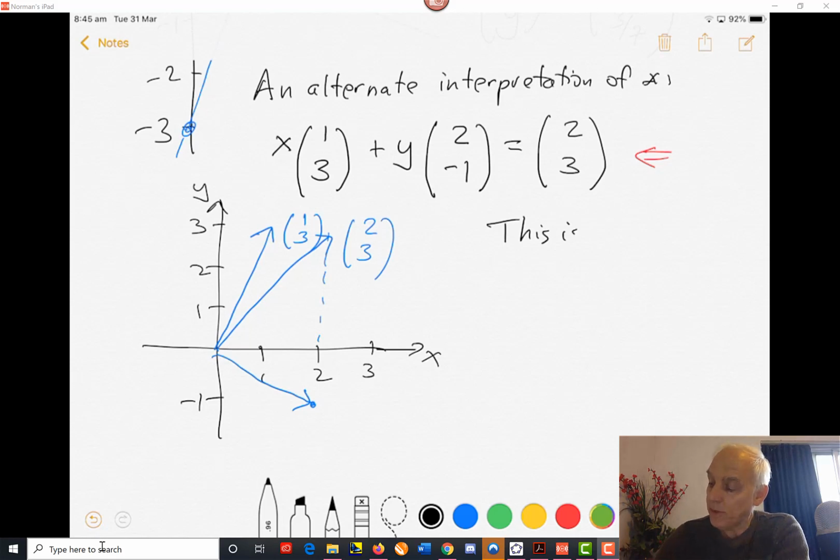And the answer, well, we know the answer is 8/7 and 3/7, and so we know that actually x equals 8/7 and y equals 3/7 is a solution.